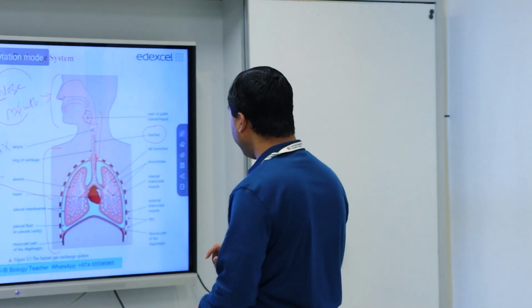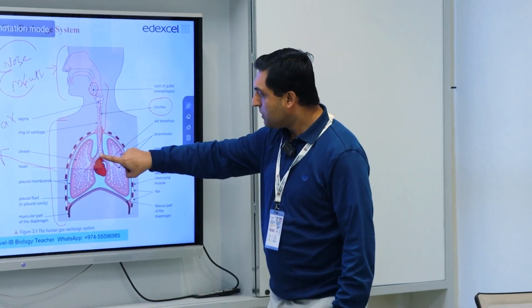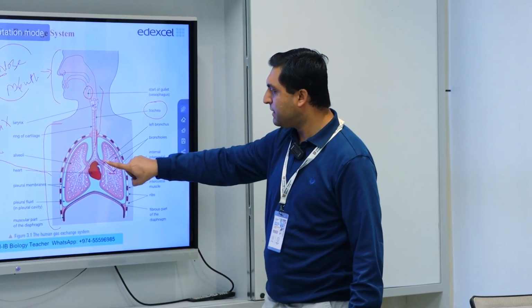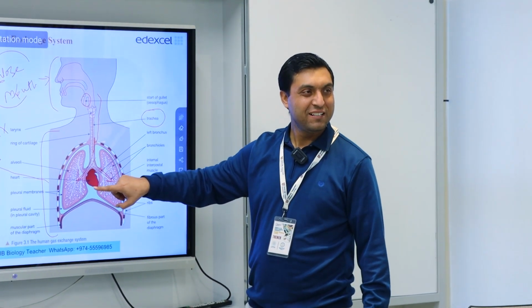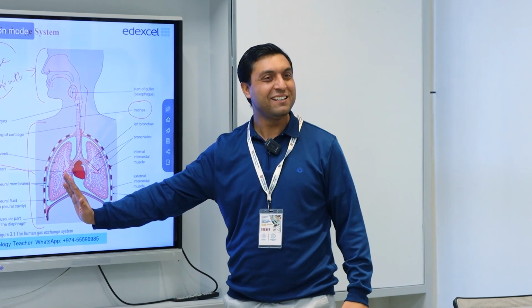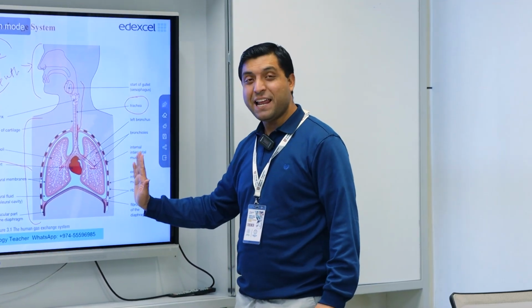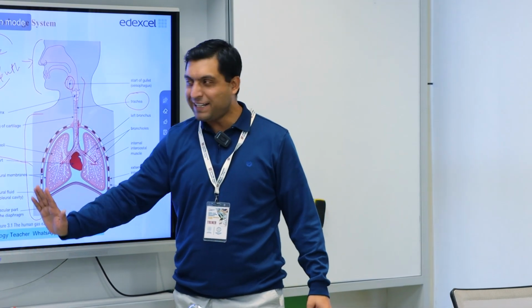You have to identify when it goes down, this is on the right side, this is on the left side. Am I right? Yes. This is the right lung, this is the left lung. It is like this. I am standing here. So to me, my right lung is this one. You understand?